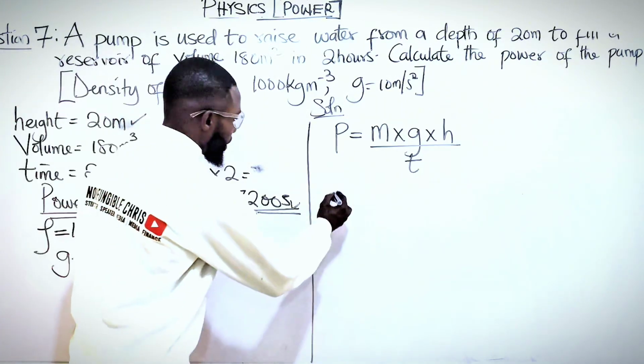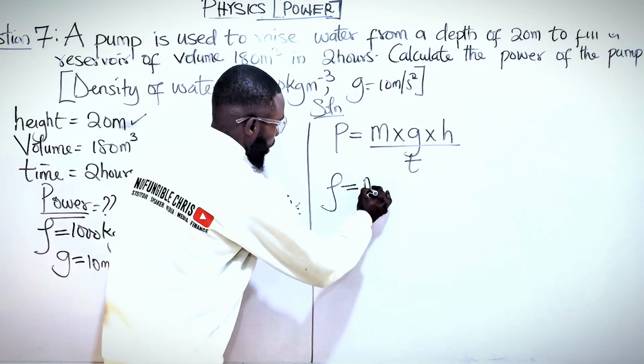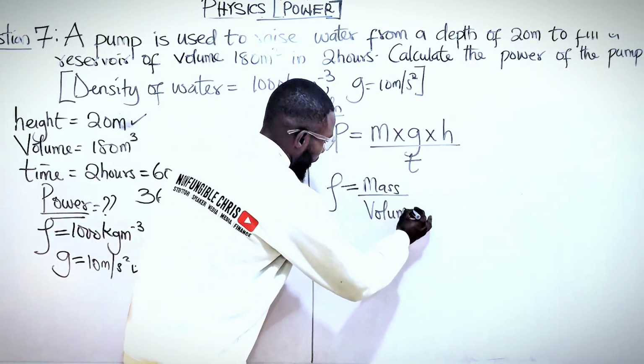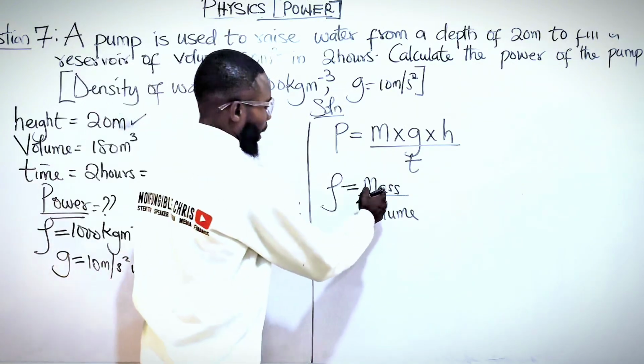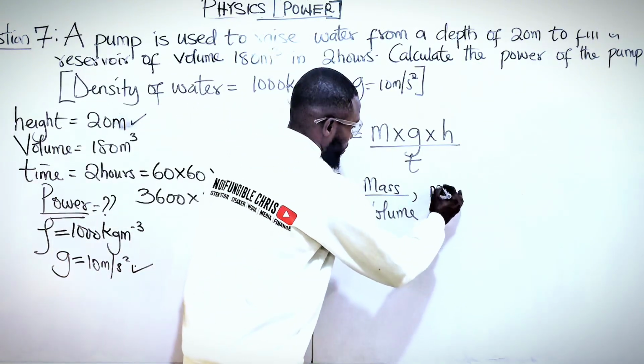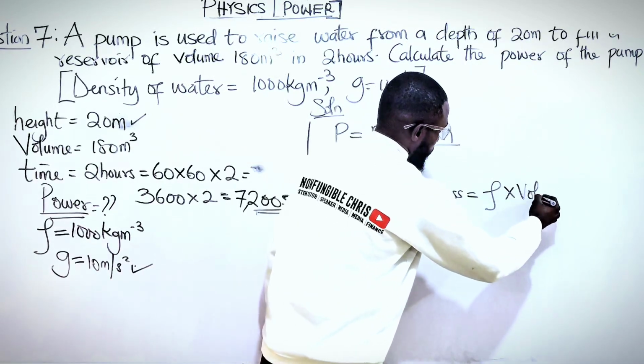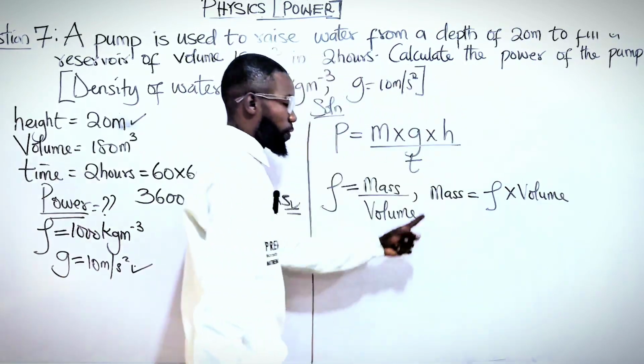Naturally, we know that density is mass over volume. That's where we're going to get our mass from. If we cross multiply, mass is going to be density times volume. That's the formula for mass.